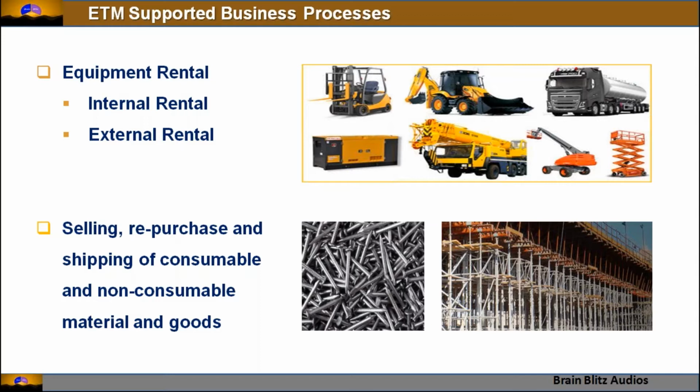Then the next business process, which is a bit more complicated, is the renting of scaffoldings, or nails. Take the construction industry. They use a lot of consumable materials, which they send out, and there will be a central store.